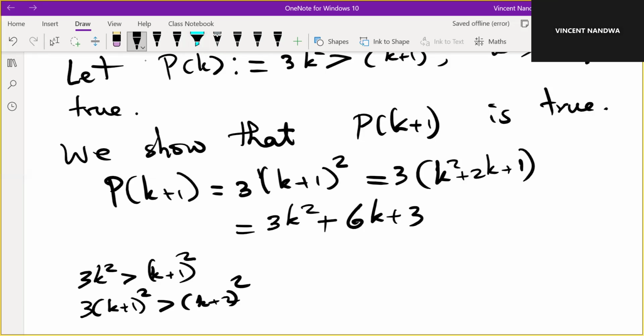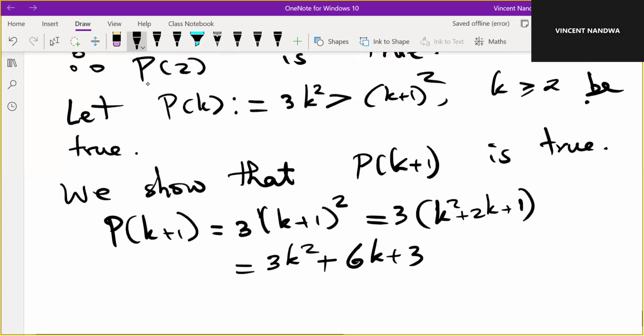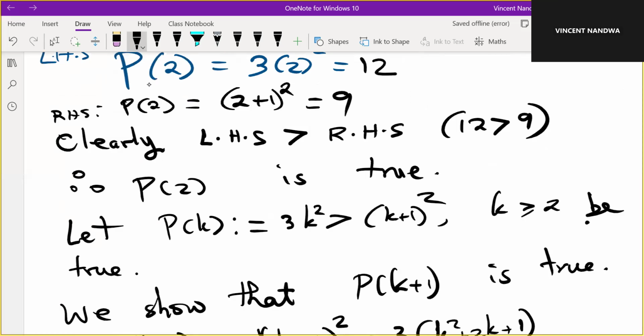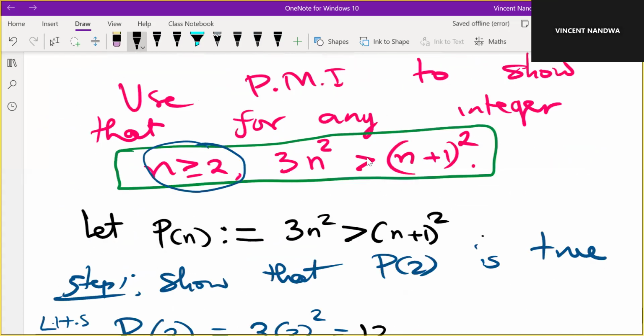So just leave this. So then now this can be written as, remember P of K is given by K plus 1 squared.